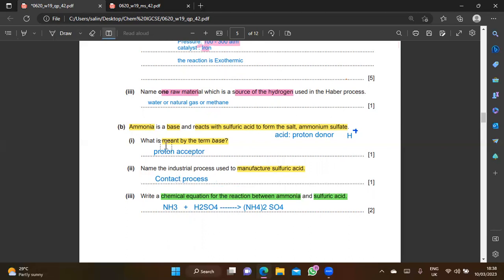Confirmed by the definition, proton acceptor. NH3 accepts one more, becoming NH4. NH4 is becoming an ion because your proton is actually a hydrogen ion. So it carries a positive charge. Can it become NH5, NH6? No, it's only NH4. So you will get your product (NH4)2SO4. That is actually ammonium sulfate.